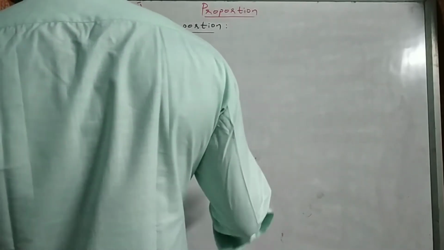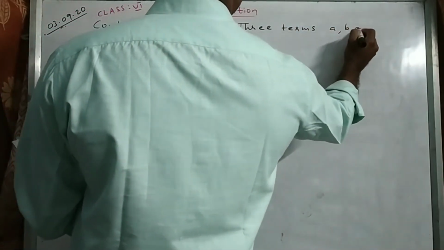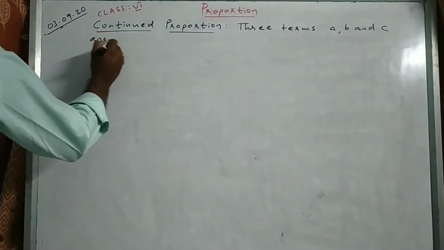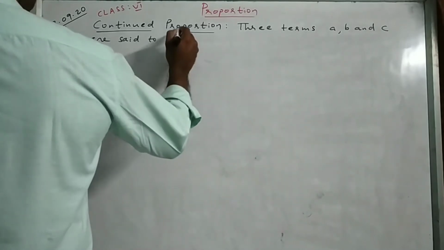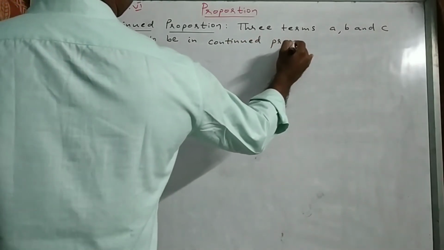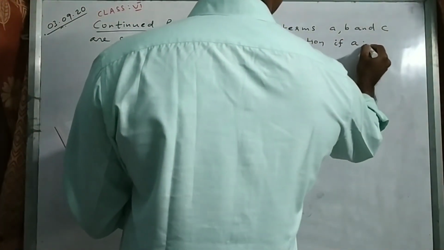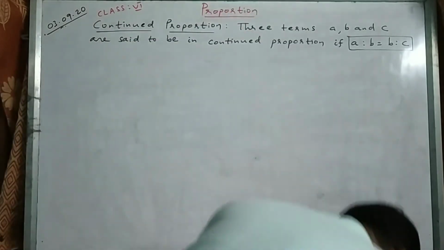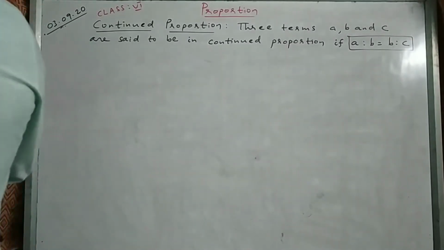What does it mean? 3 terms A comma B and C are said to be in continued proportion if A is to B equal to B is to C. Continuation will be there. A is to B equal to B is to C.